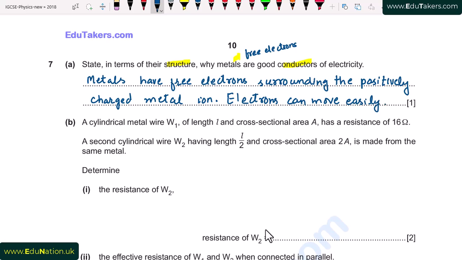So as the metal contains a large number of free electrons and they can move easily, it is a very good conductor of electricity.